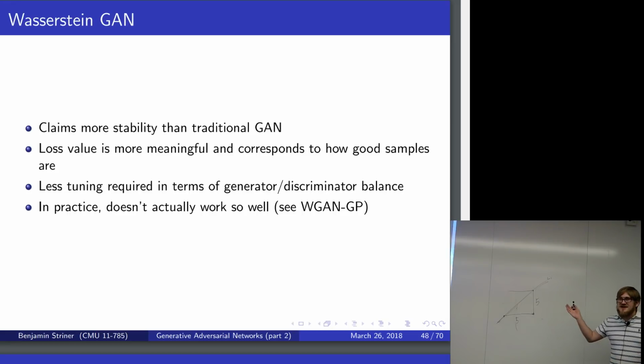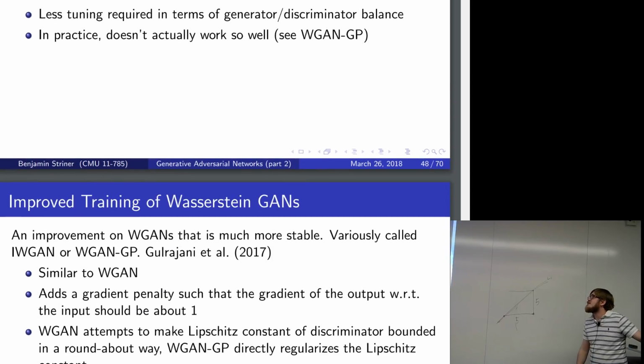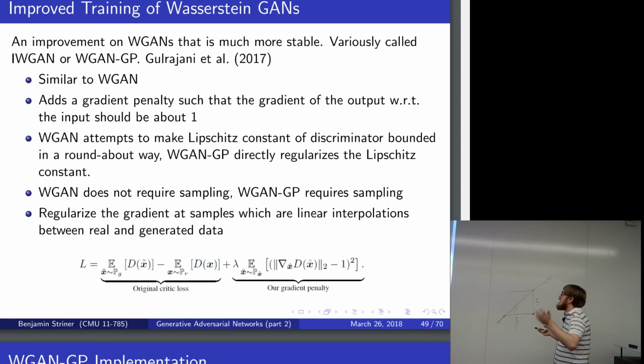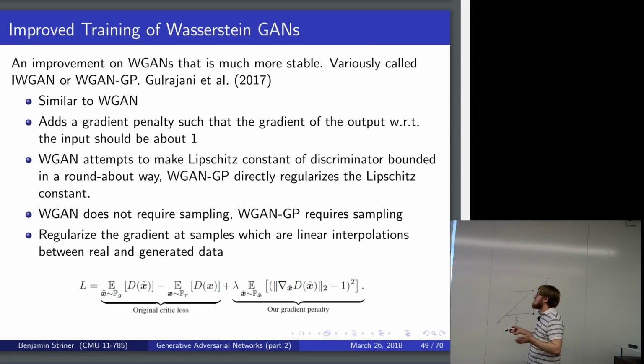It just doesn't train because things tend to get saturated. So that brought up the response paper, which is improved training of Wasserstein GANs. It's called IWGAN or WGAN GP or whatever you want to call it. But it's similar to WGAN, but it's addressing this Lipschitz idea in a much more direct manner.